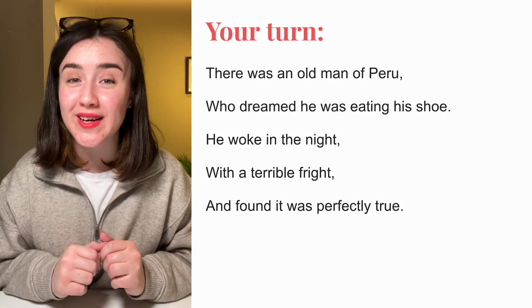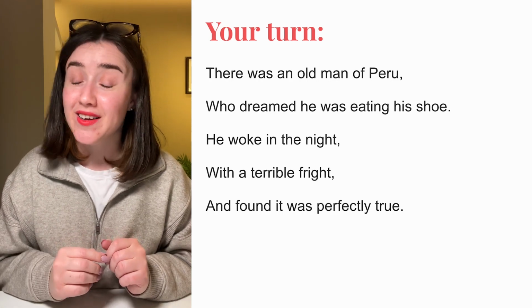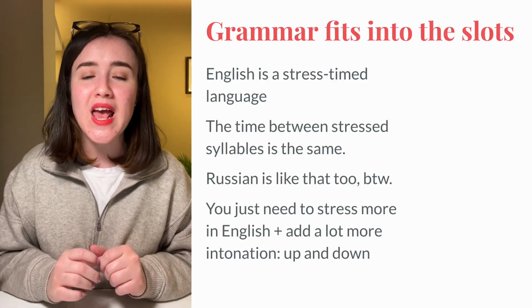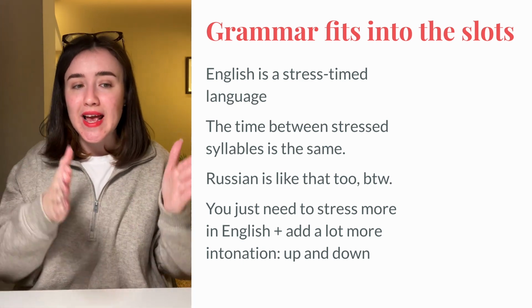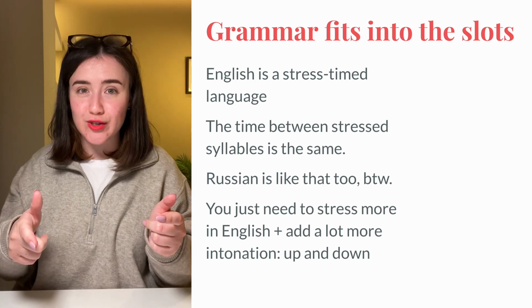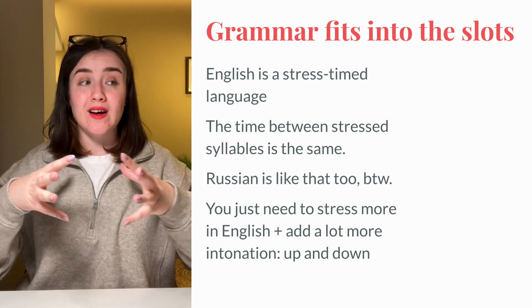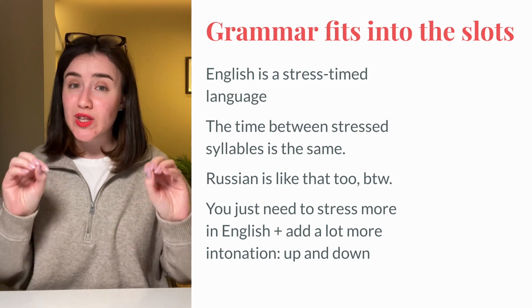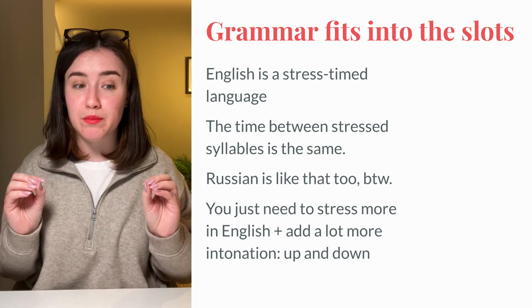You can Google limericks and practice this rhythm pattern if you want to have a little more fun with it. So the grammar fits into the slots because English is a stress-timed language. We're going to have a pattern of stressed, unstressed, with roughly the same amount of time between the stressed syllables, and all the unstressed stuff needs to fit in between.